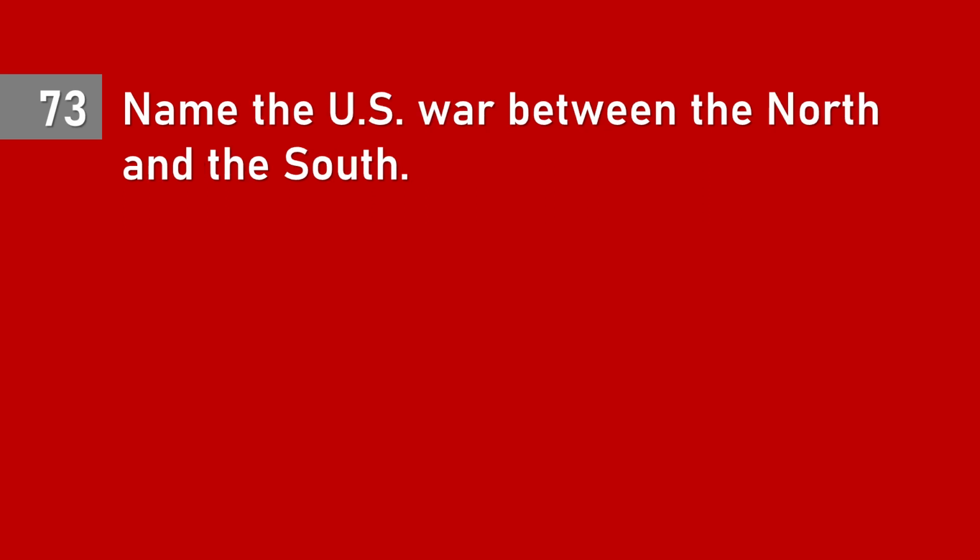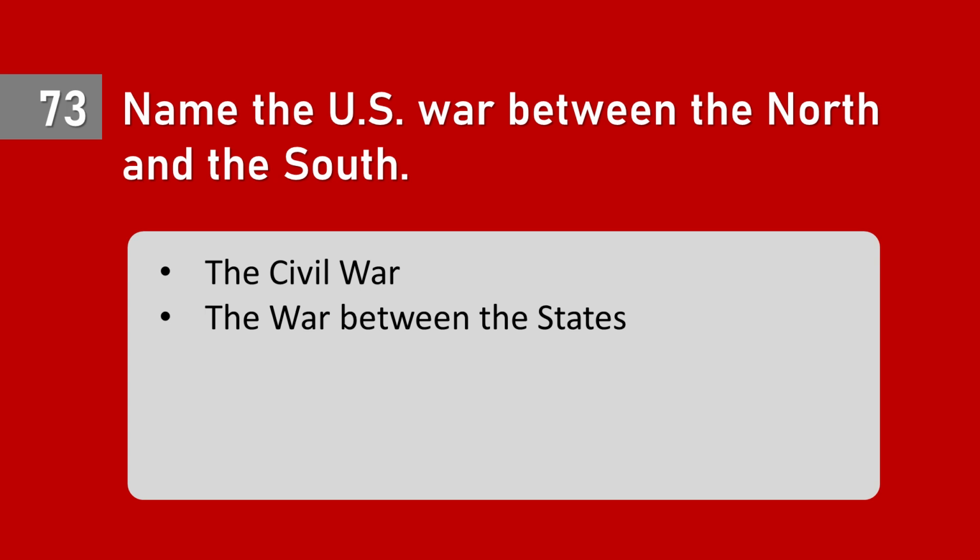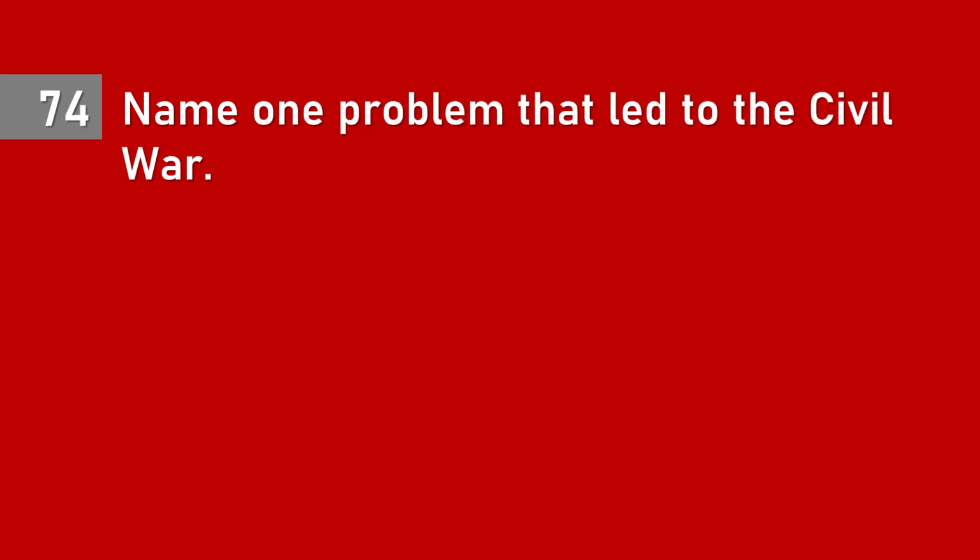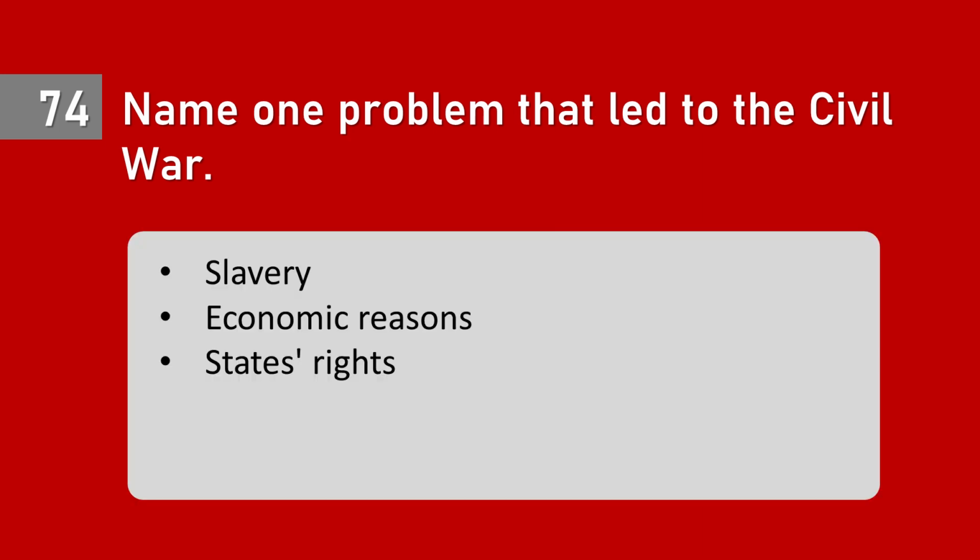Name the U.S. war between the North and the South. The Civil War, the war between the states. Question 74. Name one problem that led to the Civil War. Slavery, economic reasons, states' rights.